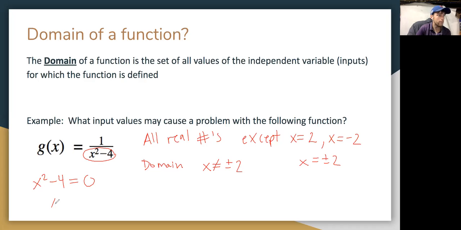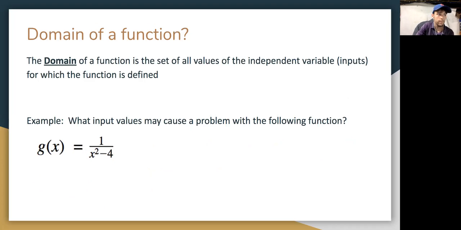So we add 4 to both sides, take the square root, and we end up with x equals plus or minus 2. So these would be our excluded values. And that works anytime we have a fraction with variables in the denominator, because any number for x that would cause the denominator to become 0 is a problem. We consider it excluded. We can't let it in the domain.